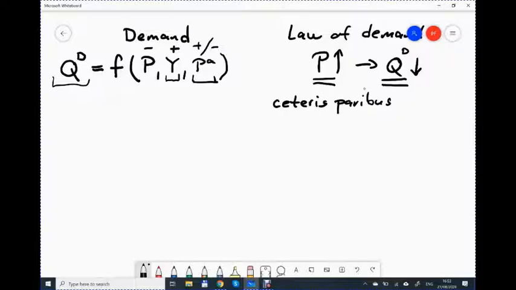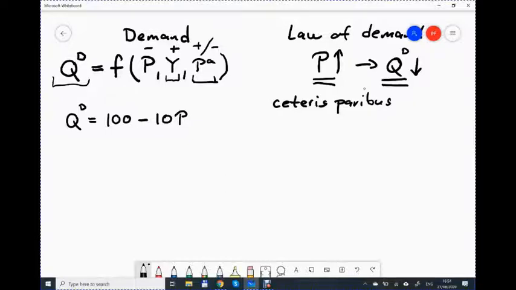Let's see an example. For example, we can say that ceteris paribus, that is, when only changes in prices are allowed to happen, QD could be written as 100 minus 10p. And this is what we call a linear demand function.